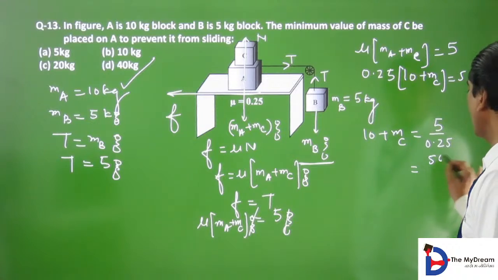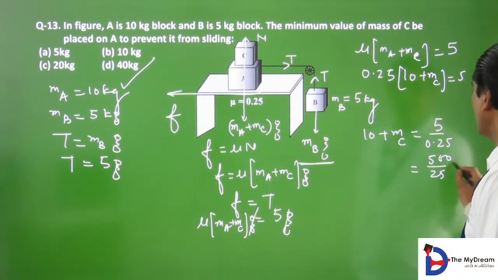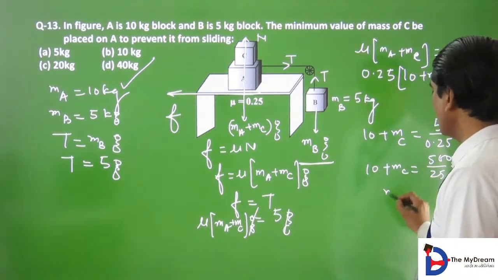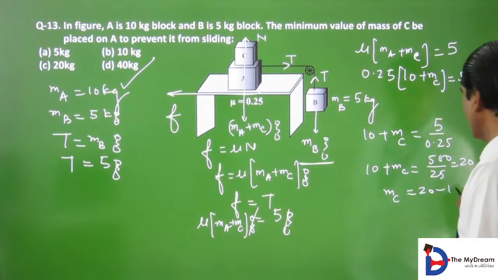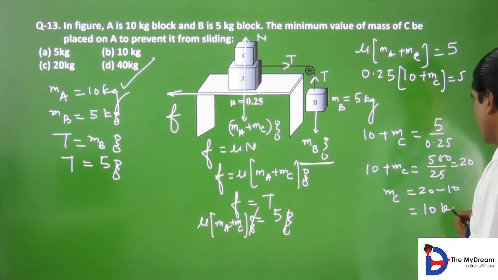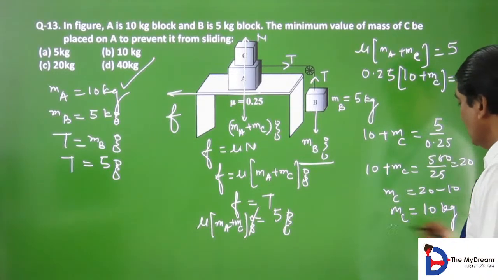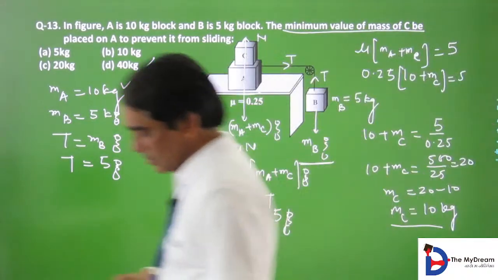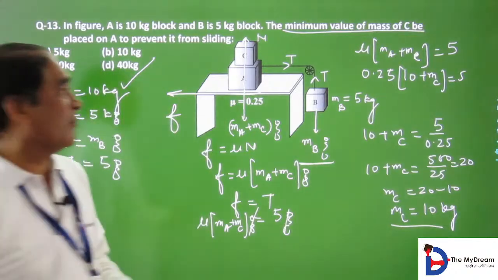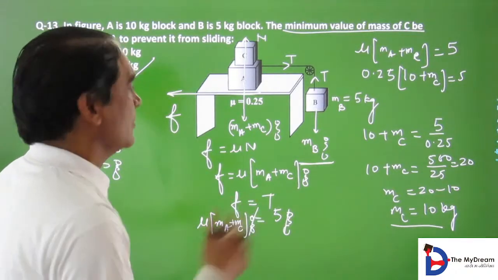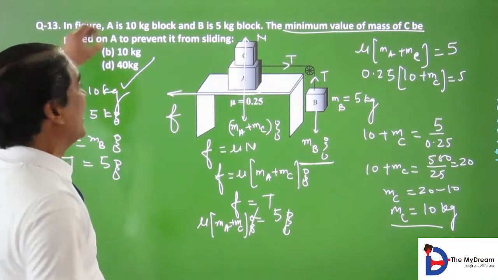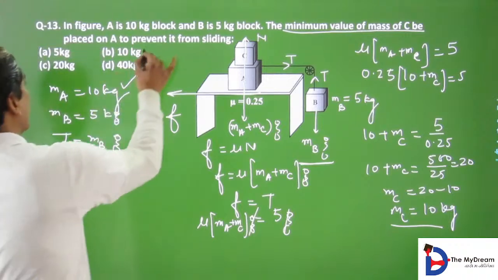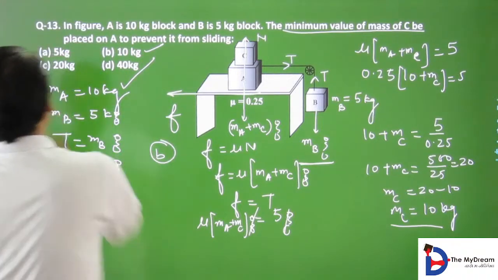That is 500 divided by 25, which gives 20. So MC is equal to 20 minus 10, which is 10 kg. What will be the minimum value of mass of C to prevent sliding? That is 10 kg. And the correct option is B.